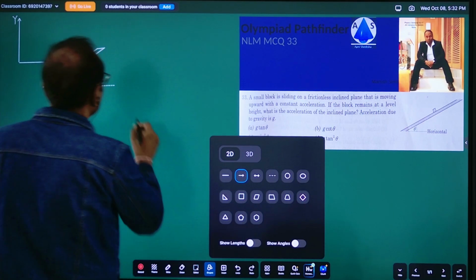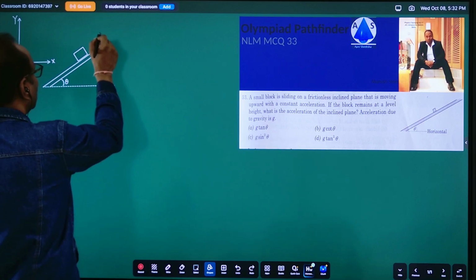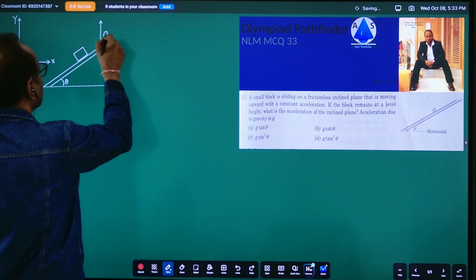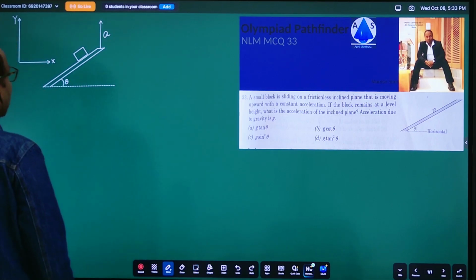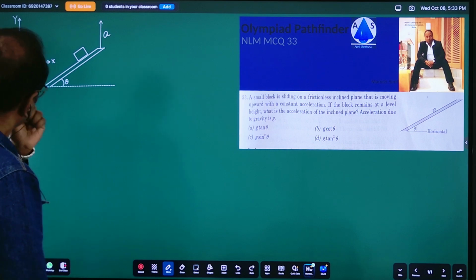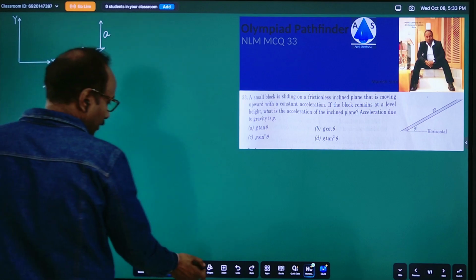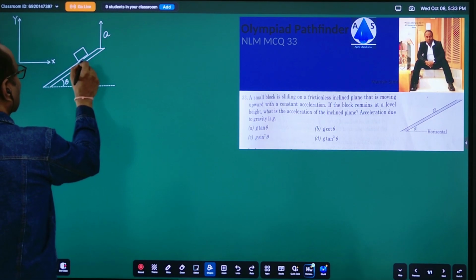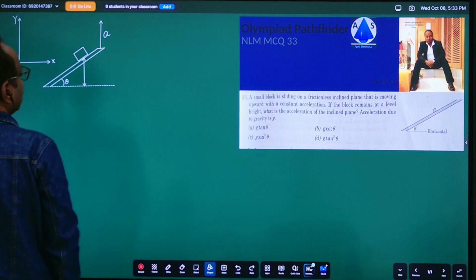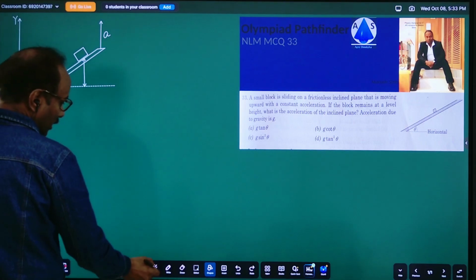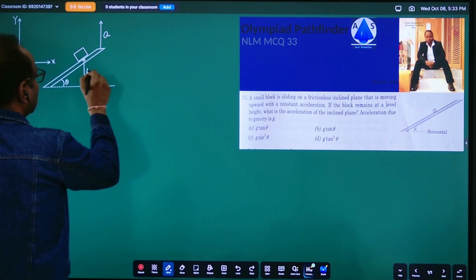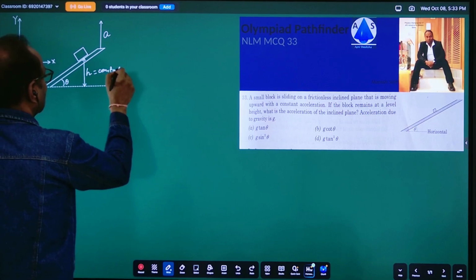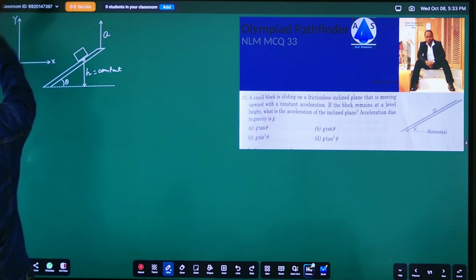As per the question, this inclined plane is moving with a constant acceleration. Another thing as per the question is that the height of the block with respect to the ground is not changing. So h is constant during the motion of the inclined plane.